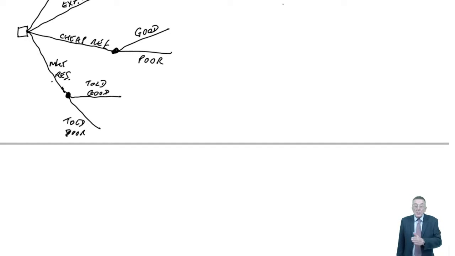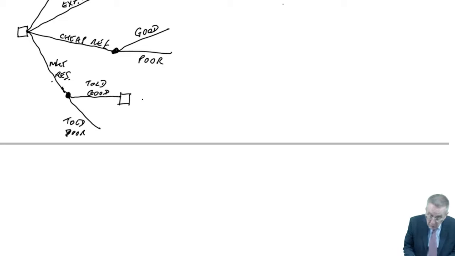But this time we won't stop there. Because if they tell us it's going to be good, remember they might be wrong, but in the knowledge that they've told us it's going to be good, then we'll have to make a decision. Because now we know it's going to be good, we still have the choice, as before.